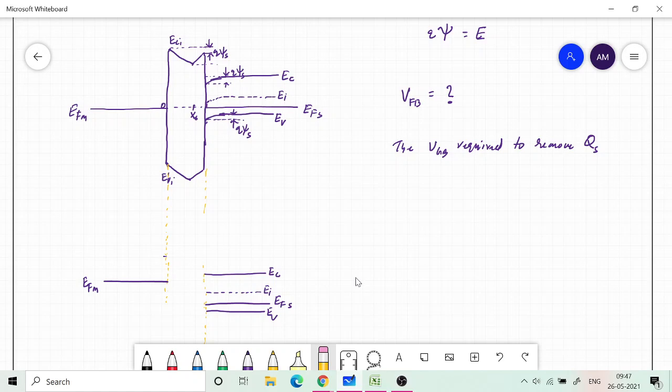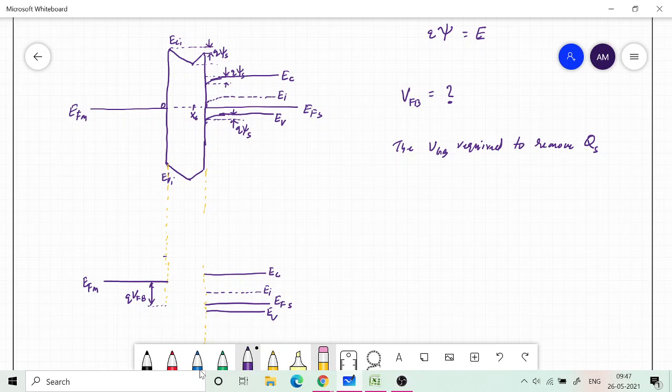So I need to apply a negative voltage. So negative voltage I applied, and therefore in the electron energy band diagram things have gone up. So this is my Q into V flat band, in this case. So V flat band is clearly a negative voltage.